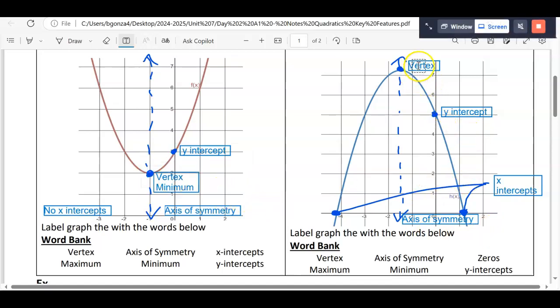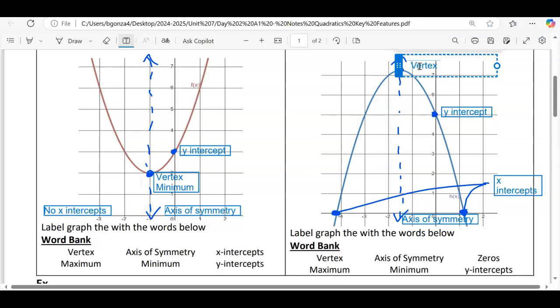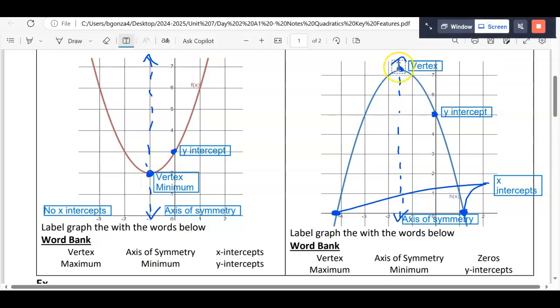Now, what about this vertex over here? So this point at the top here, if it's at the top, that sounds like maximum. So bottom of a U is a minimum, top of the hill is a maximum. Cool? Let's go ahead and do that. Maximum.